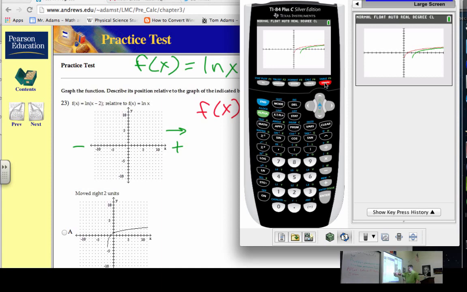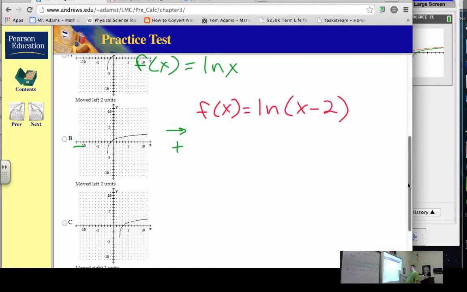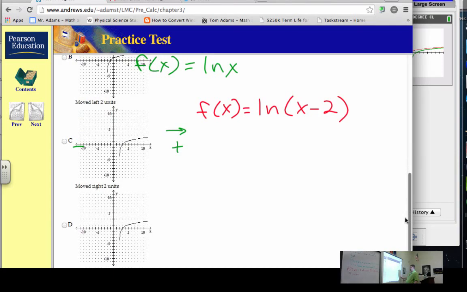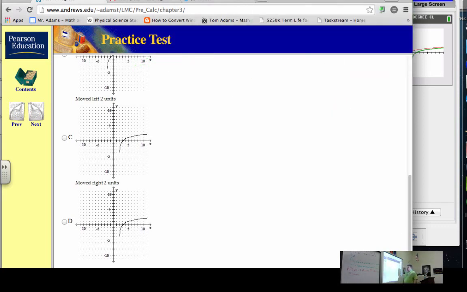All right. So which one is it then? Is it C or D? D. Now, why is it not C? Because it says move left 2 units.